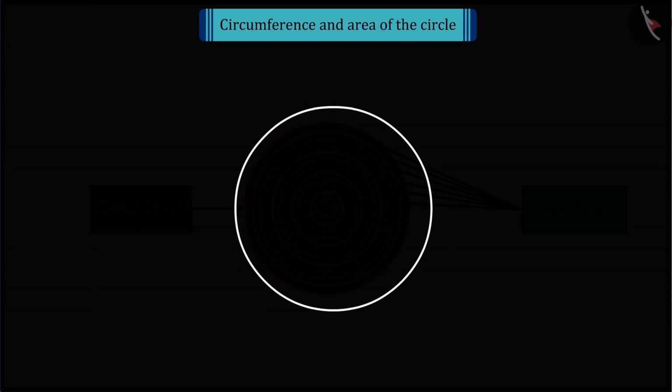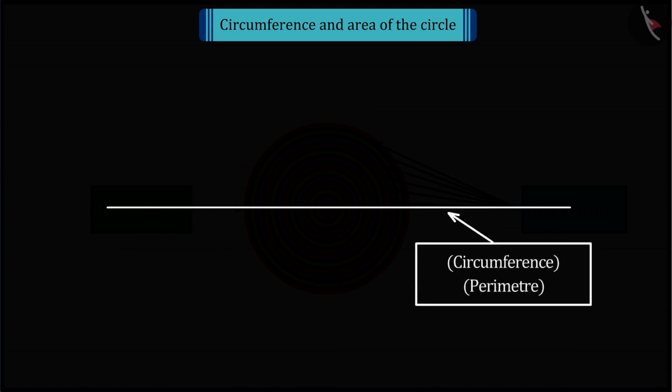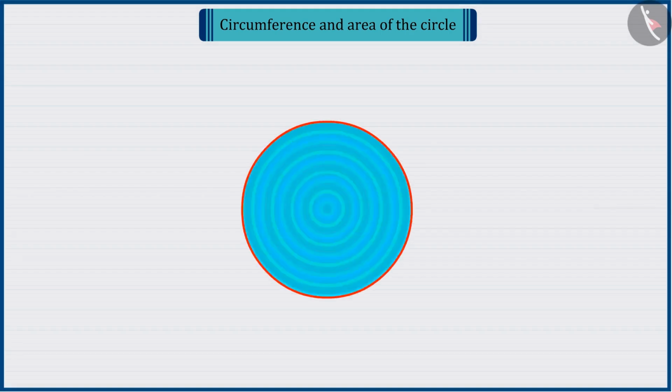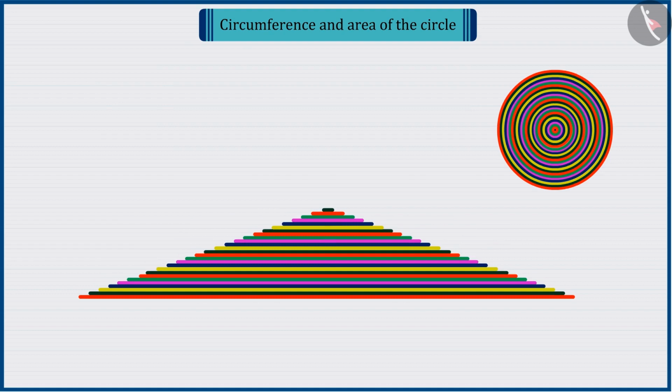If we now cut this circle from one of the parts and then straighten it, what we get is a straight line, which is the circumference of the circle, that is, its perimeter. So if we cut this group of circles from here and straighten it, what we see is something like this.